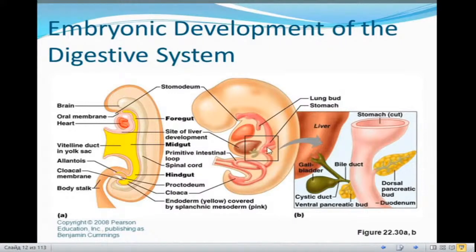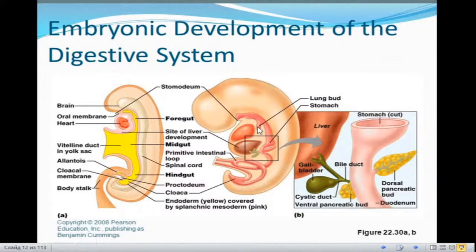Then this tube will be divided into three parts: foregut, that is the front portion, midgut, that is in the middle, and hindgut, which is at the end. Foregut on its ventral side gives rise to a small tube which will be developing into the future respiratory system, and this small tube will be connecting the future respiratory system with the digestive canal.